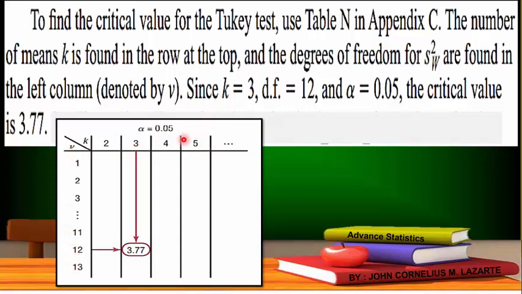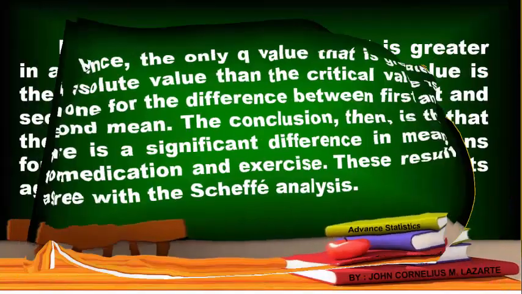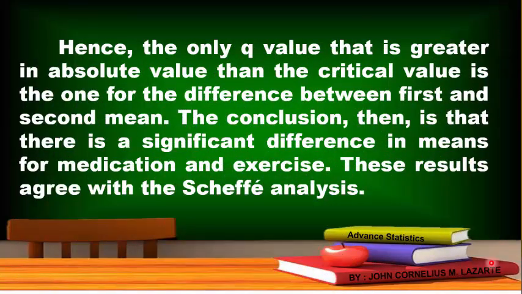Since k is equal to 3, degrees of freedom 12, and an alpha of 0.05, the critical value that we found is 3.77. Hence, the only q value that is greater in absolute value than the critical value is the one for the difference between the first and the second mean. The conclusion then is that there is a significant difference in the means of medication and exercise. These results agree with the Scheffé test analysis.